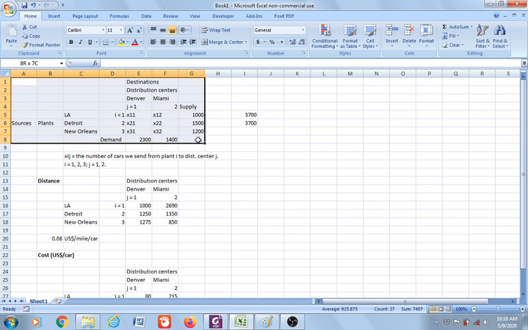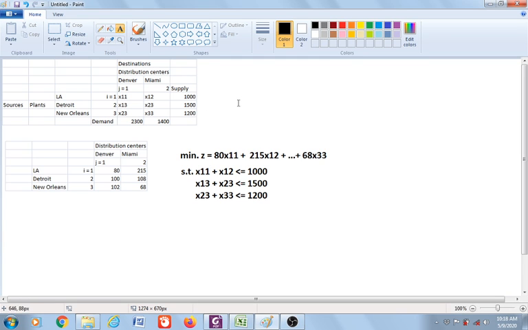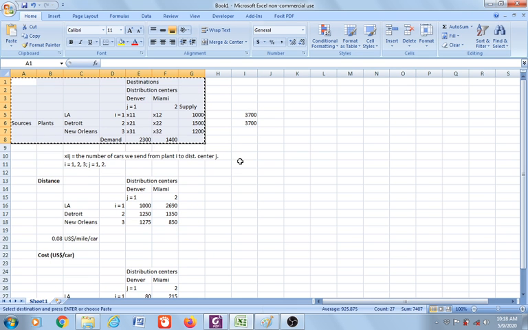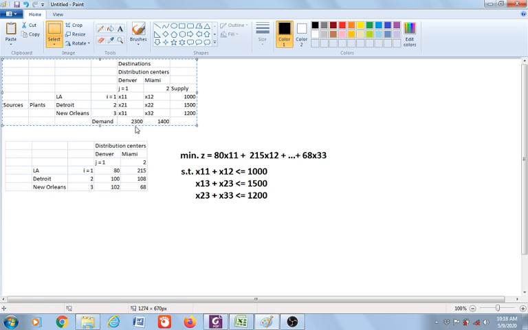I'm going to delete this table and copy this table. Sorry for that mistake.